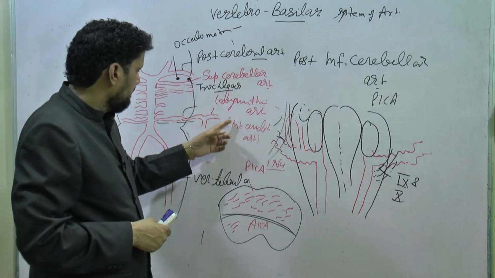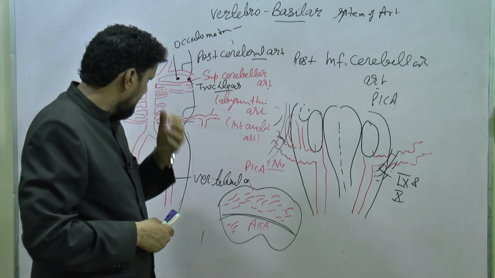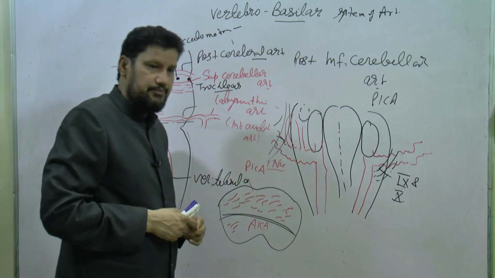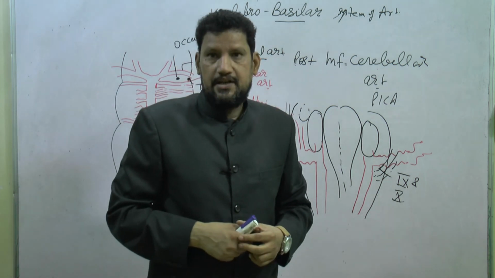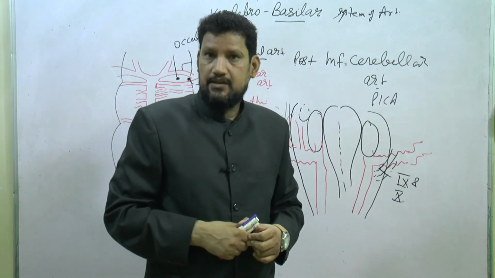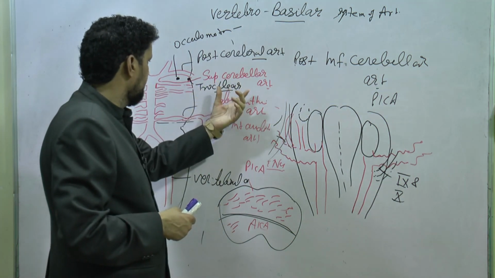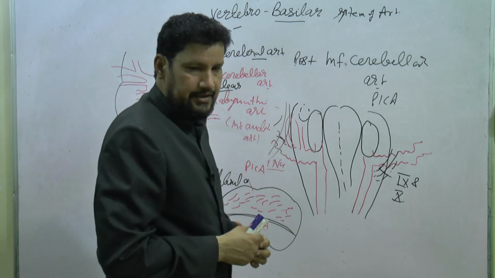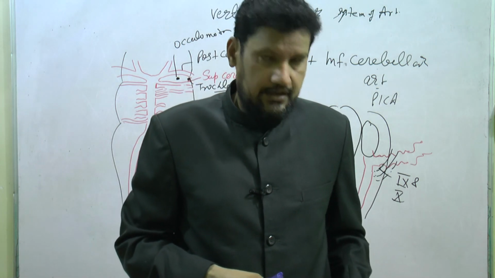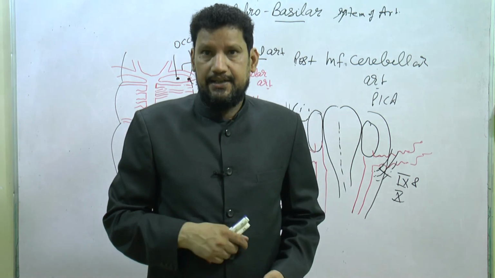The labyrinthine artery, also known as the internal auditory artery, arises from AICA, sometimes from the superior cerebellar artery, sometimes directly from the basilar artery, or rarely from the PICA. And finally, the superior cerebellar artery is the branch of the basilar artery just before its termination in the posterior cerebral arteries. So we will continue with the posterior cerebral artery in the next lecture.